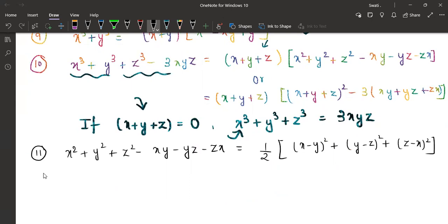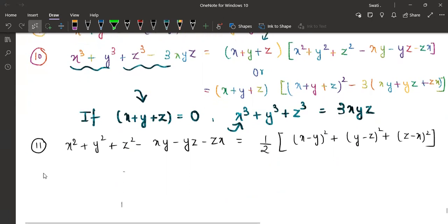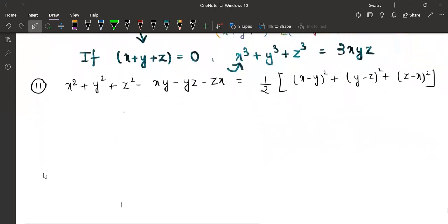Very, very simple, right? Except these 11 formulas there are of course some more formulas which I'm not writing here, but I have covered the most important or the most used algebraic identities. Okay, so that is it.